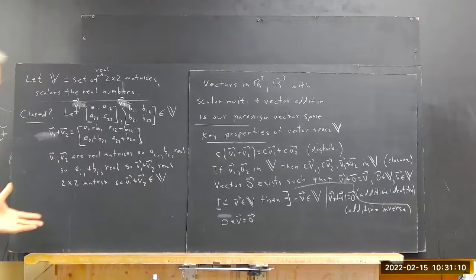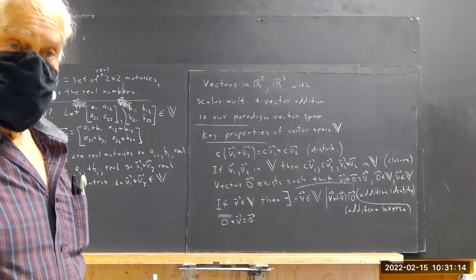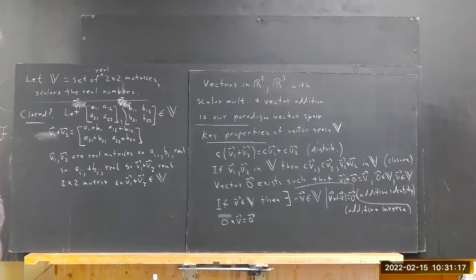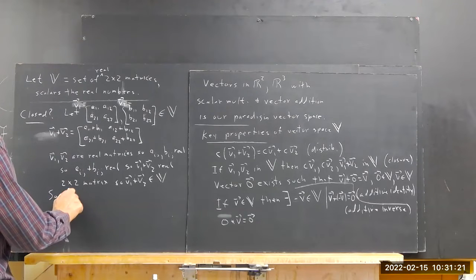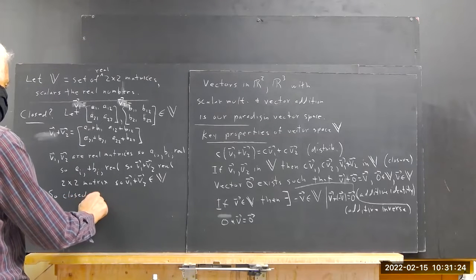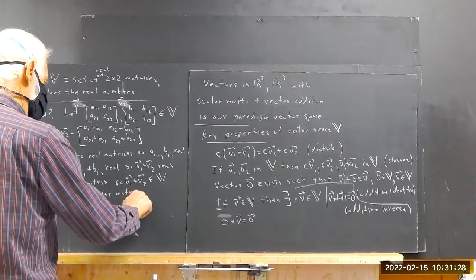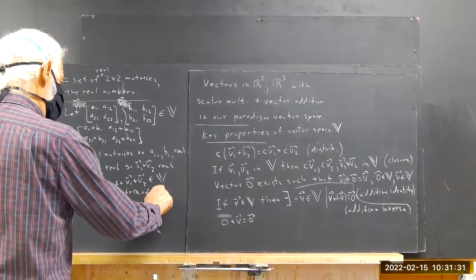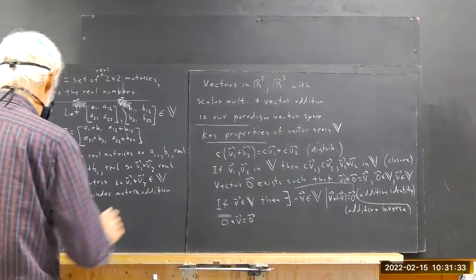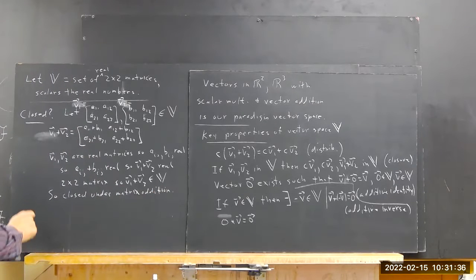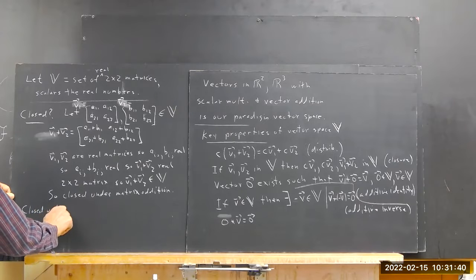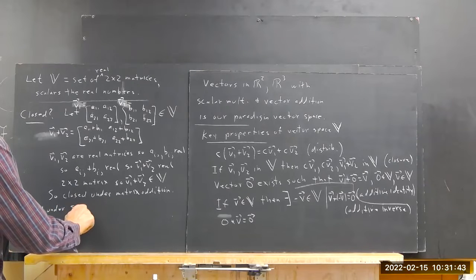So that V1 plus V2 is a member of the vector space V. So it's closed under matrix addition. As it's closed under scalar multiplication.